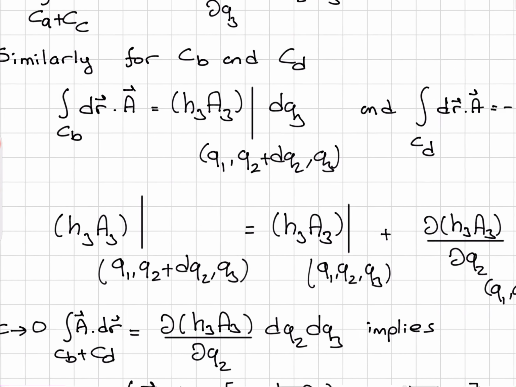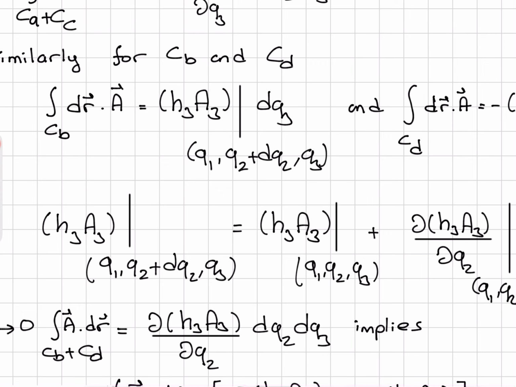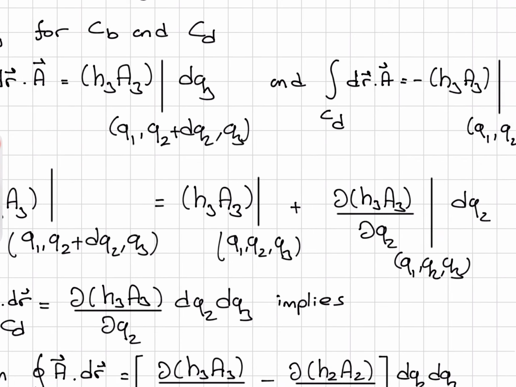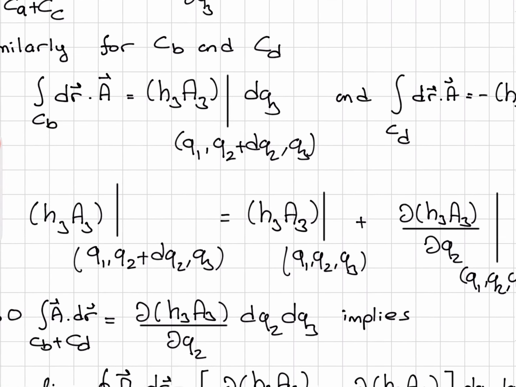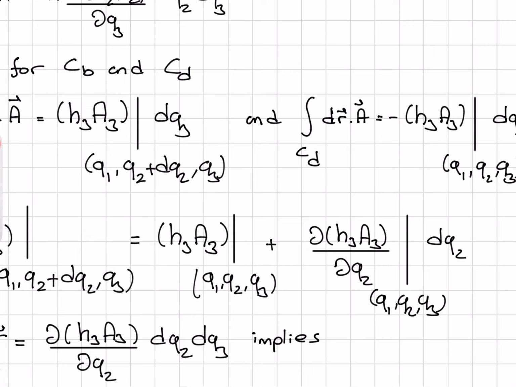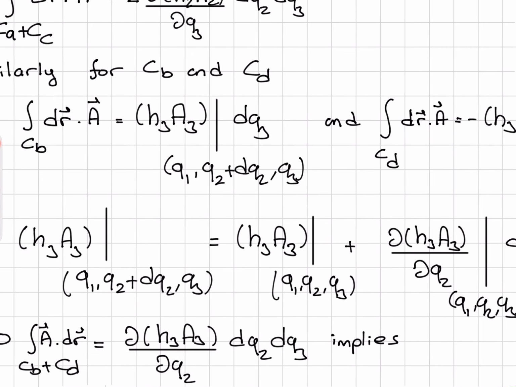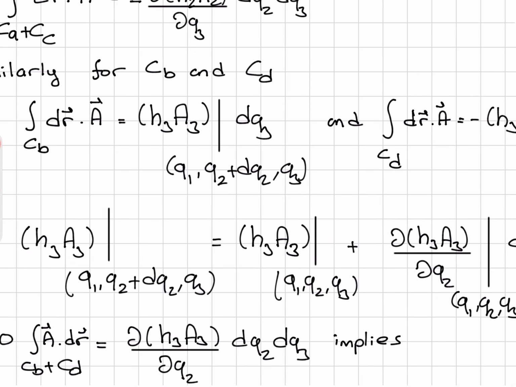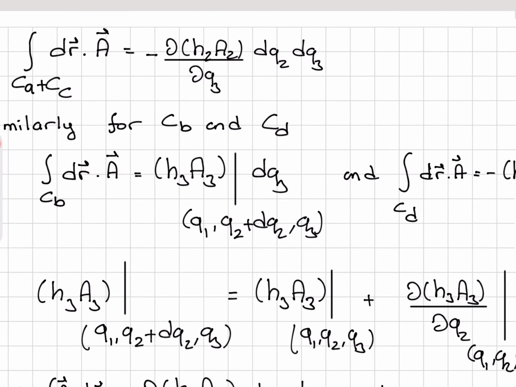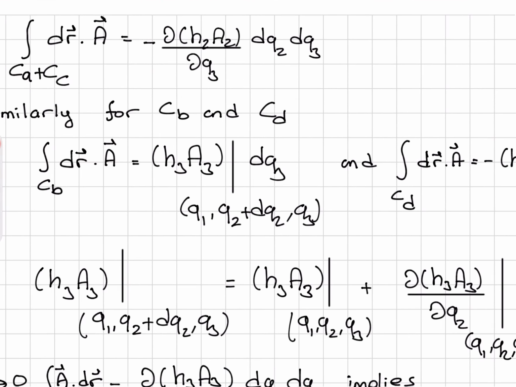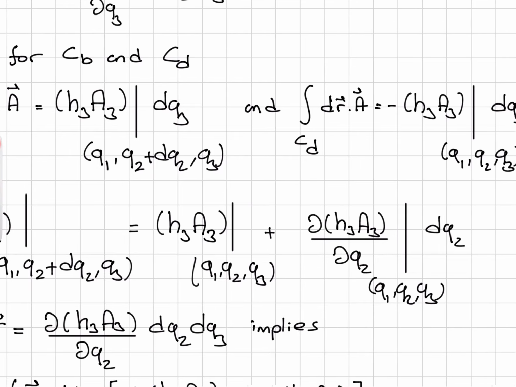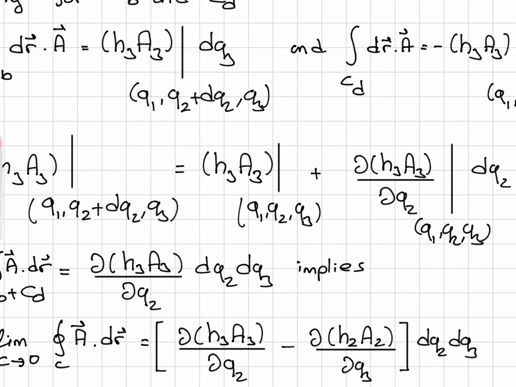Doing the same thing here, h3 A3 approximately at q2 plus dq2 is given by this Taylor series expansion. Adding them up, when I multiply this by dq3 and add the contribution from the CD contour, these terms cancel and this will be remaining multiplied by dq3.